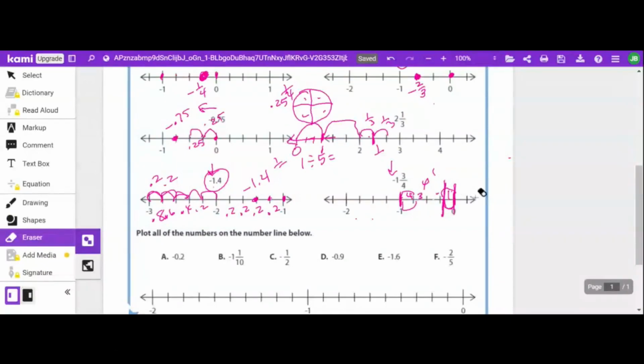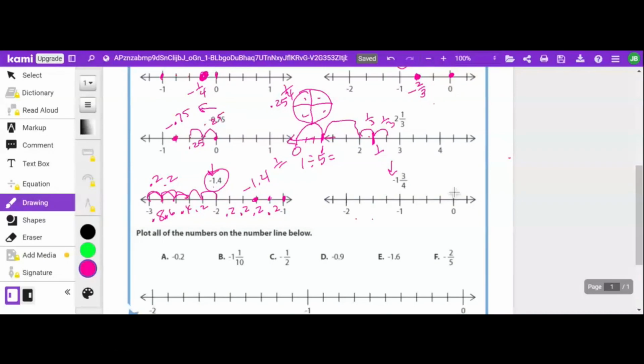So if each chunk is a fourth, each hash mark represents a fourth: 1/4, 2/4, 3/4, 4/4. So we've made it from 0 out here to -1, and then we need 3/4 more. How many hash marks to the left do I move to get to -1 3/4?